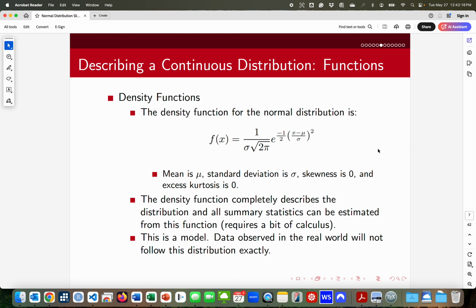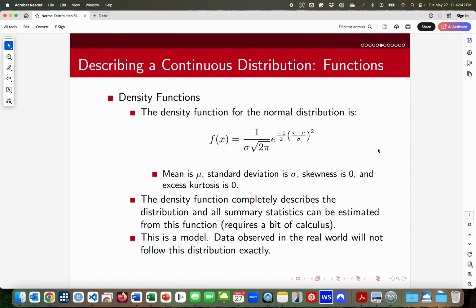Weight is normally distributed. Those are assumptions. The normal distribution has a support of negative infinity to positive infinity. So if something's truly normally distributed, in theory, you can observe things as small as negative infinity and as large as positive infinity, even though the probabilities assigned with those events are really, really rare.